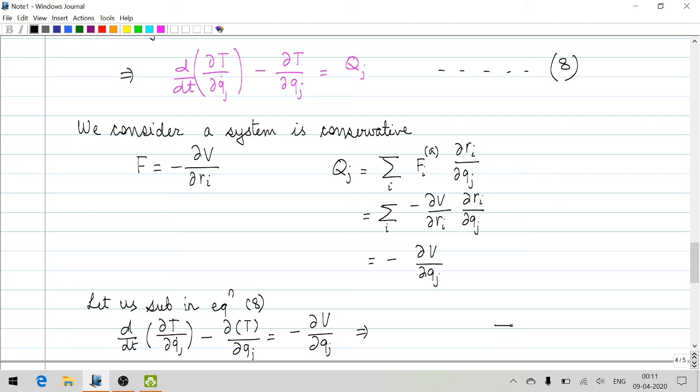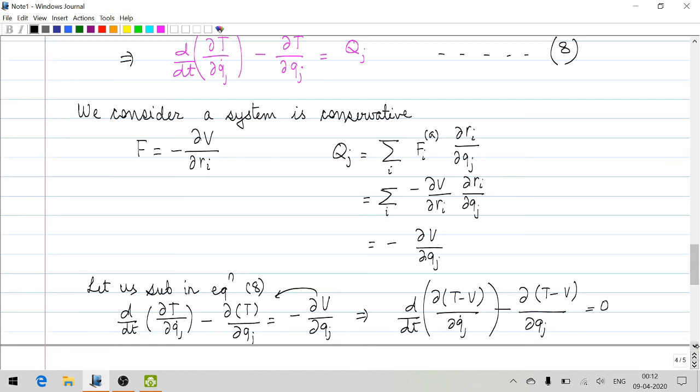The second term, when I take it on the left hand side, I'll get dou of T minus V upon dou qz, and I'll add one more term here, dou of T minus V upon dou qz dot, is equal to 0.